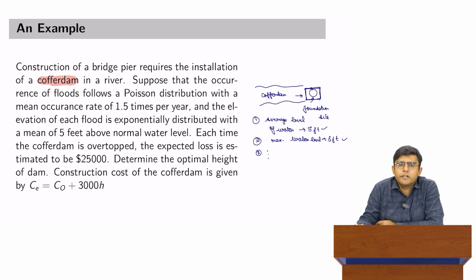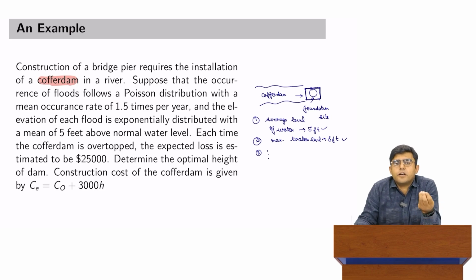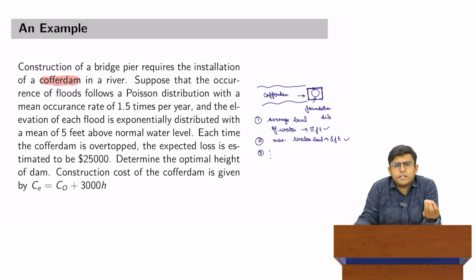What we do, we collect really long as possible time series of flood levels, both in terms of how many events happened and what was the depth of water above average water level in each of these particular events. And we try to calculate their central tendencies or dispersion around central tendencies. Central tendency could be mean, it could be median, it could be mode, and a typical measure of dispersion is variability or variance around that particular mean.